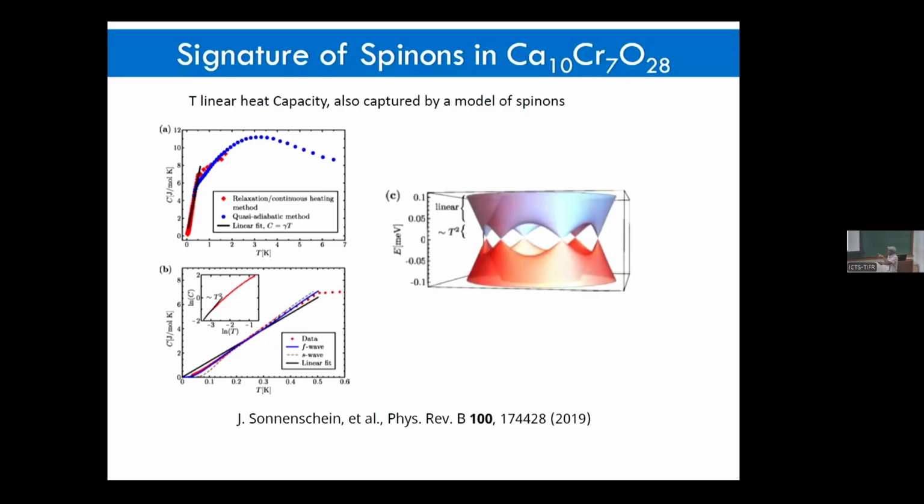And then looking at the heat capacity data, they've added some pairing, weak pairing, and they've come up with a spinon band structure. So they say that the linear heat capacity at intermediate temperatures is coming from this Dirac-like band, and this small gap is what is causing this dip in the heat capacity, which may or may not be exponential. We don't have enough data yet. So whether the gap is S wave or F wave, we don't know. The calculation is done using an F wave gap.